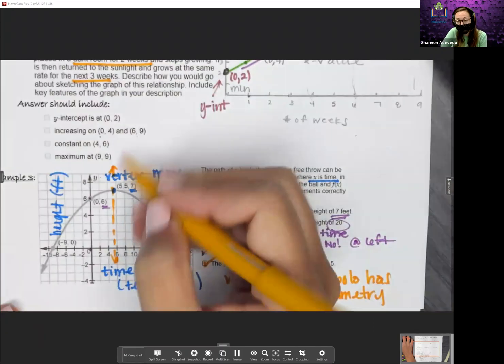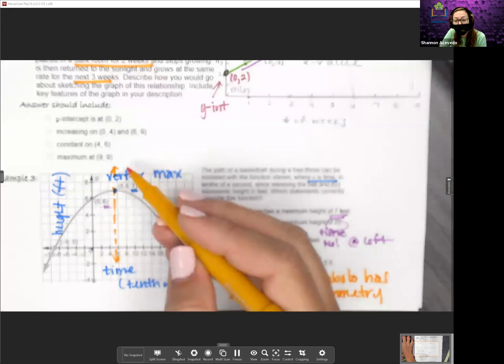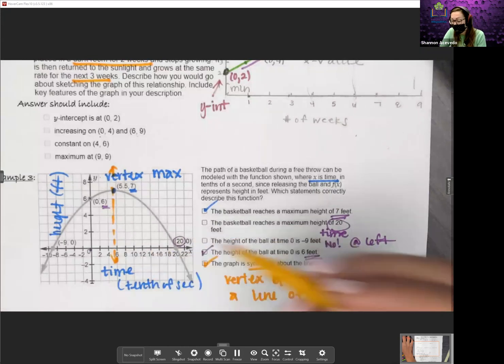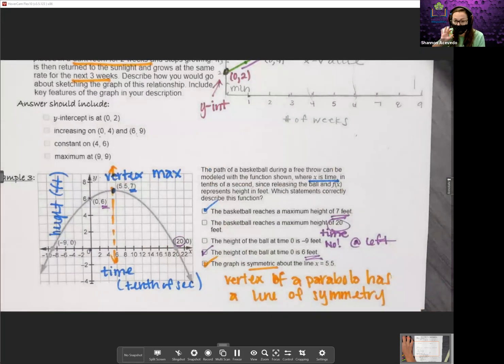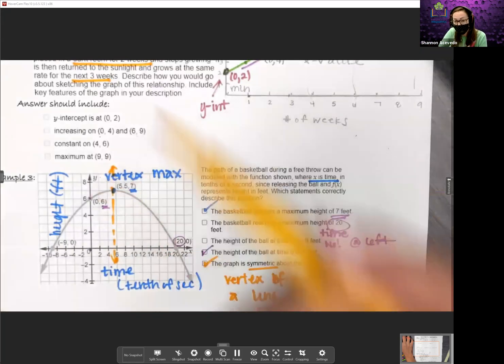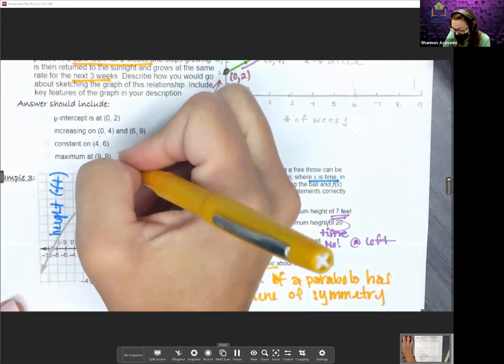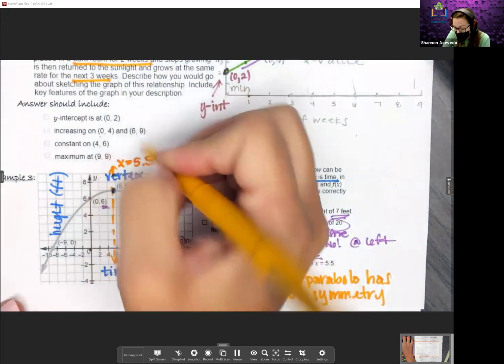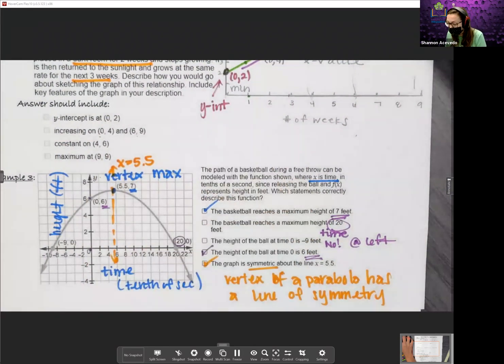Sometimes you're asked to identify that line of symmetry or axis of symmetry. Wording sometimes differs from textbook to textbook, but this is your line of symmetry. If I fold my parabola in half at my vertex, the parabola always ends up on itself. So yes, I have a line of symmetry at x equals 5.5 because that's the x value through my vertex. All 3 of those are correct answers.